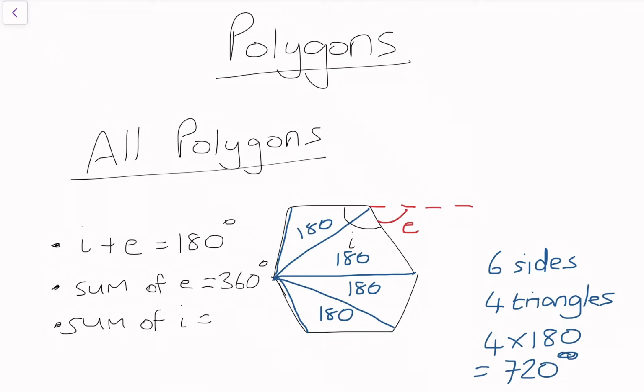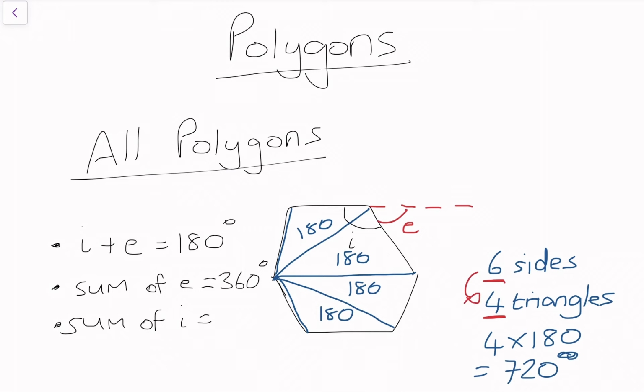Now, let's think about the process here. We've got a shape and it's got 6 sides. That leads to 4 triangles, and then we do the number of triangles times 180. So you can just learn this as the sum of the interior angles is the number of triangles multiplied by 180, or you should notice the relationship between the number of sides and the number of triangles.